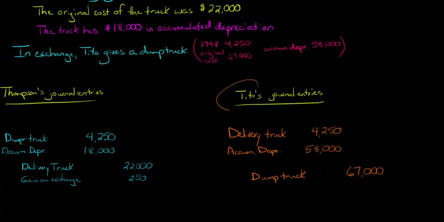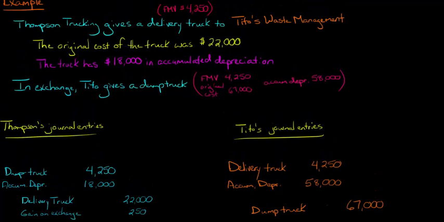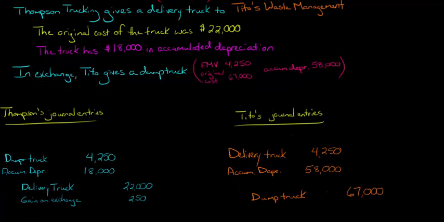But let's look from Tito's perspective. So Tito is getting a delivery truck, and the delivery truck it's receiving is going to have a fair market value of $4,250, right? So each truck has the same fair market value we're saying here. So Tito debits delivery truck for $4,250. Now, Tito, they're getting rid of a truck too.